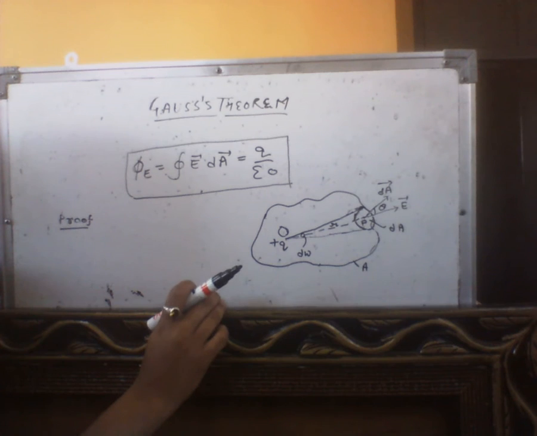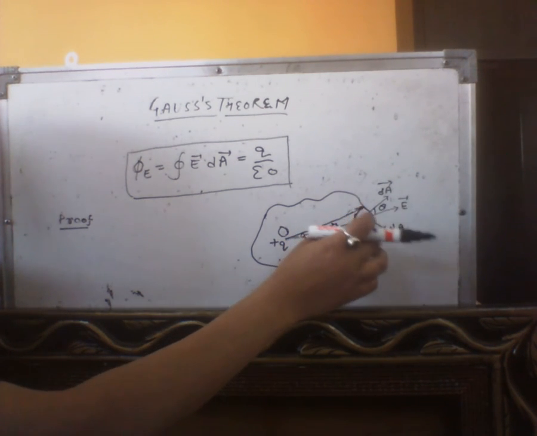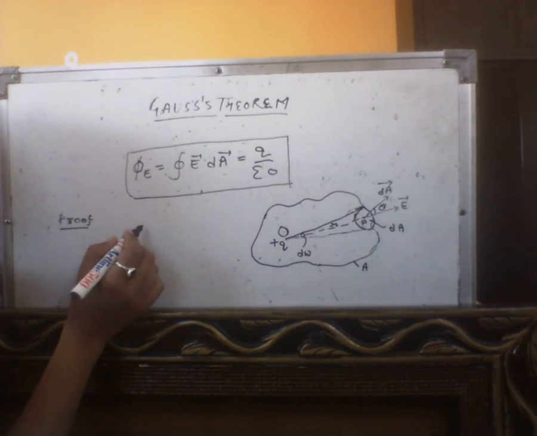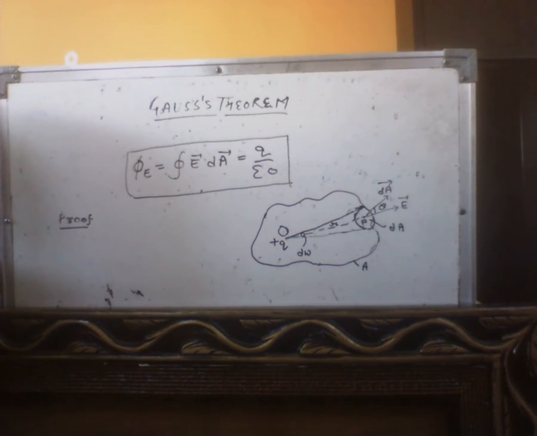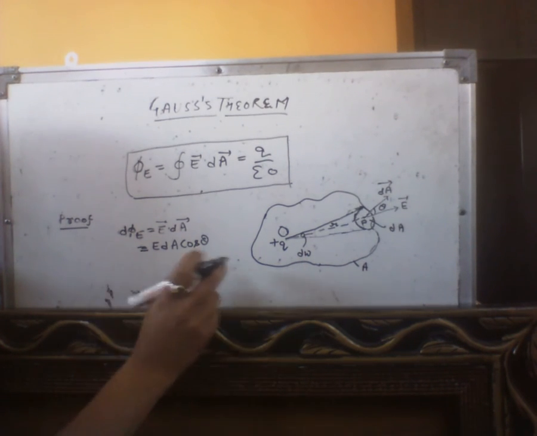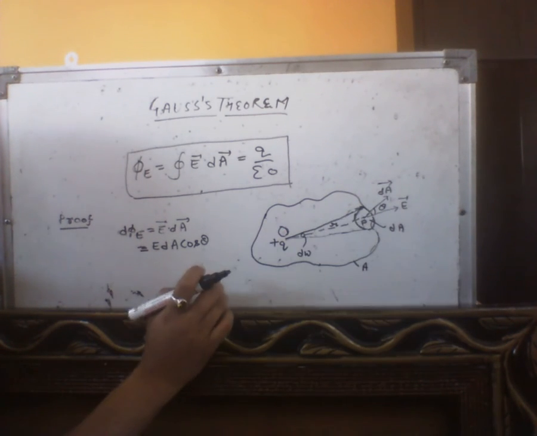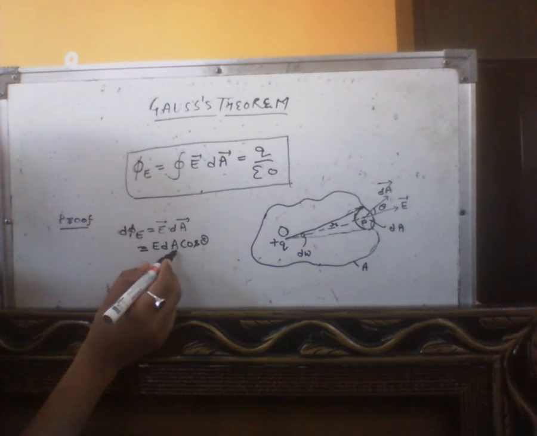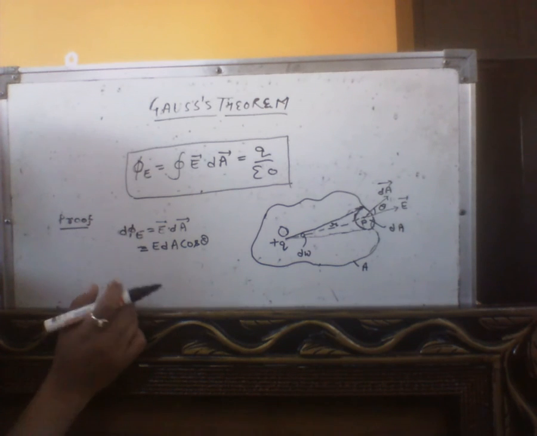Now we want to find how much electric flux will pass through this small area dA. Let it be d phi E. Then d phi E is equal to E dot dA, and because theta is the angle between them, d phi E is equal to E dA cos theta, where theta is the angle between E and dA.